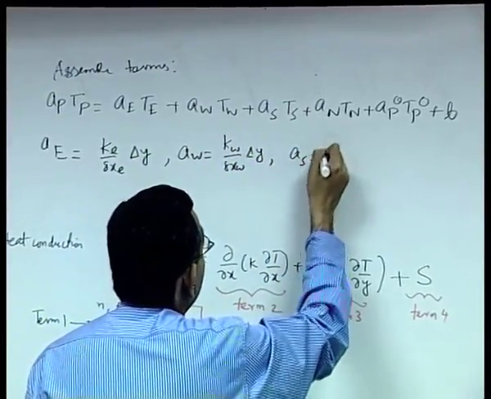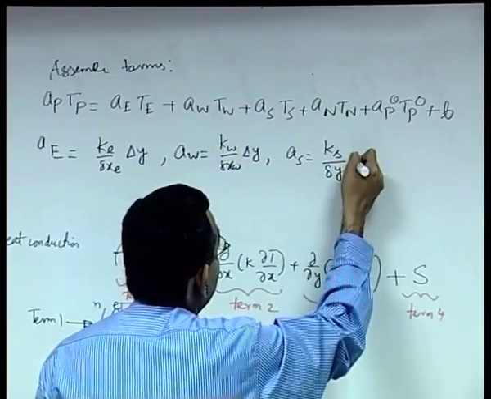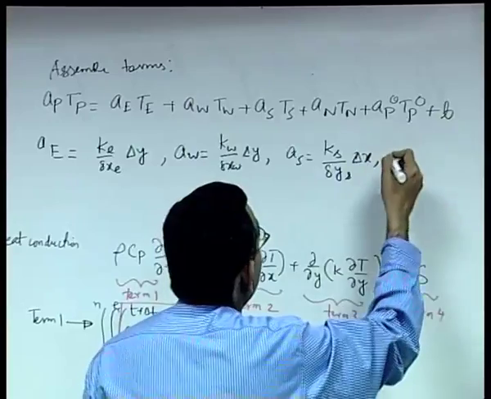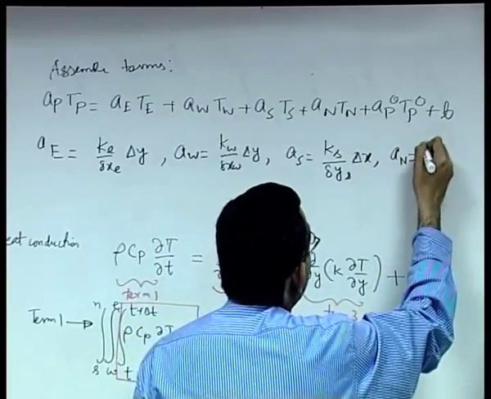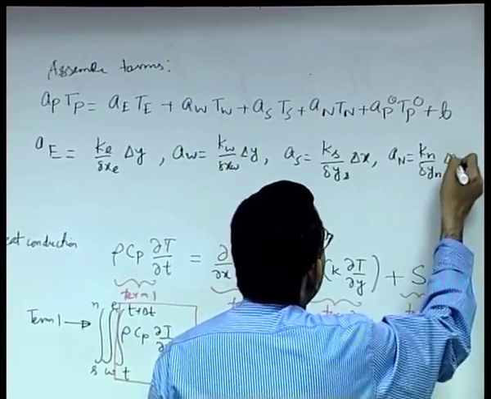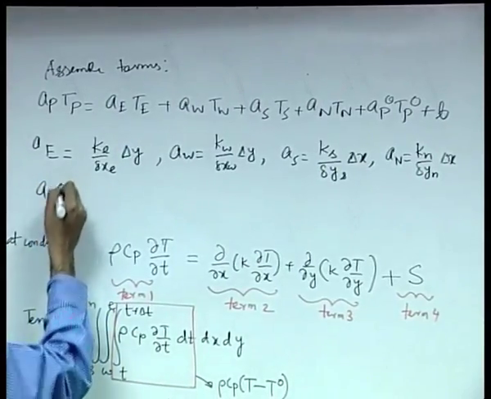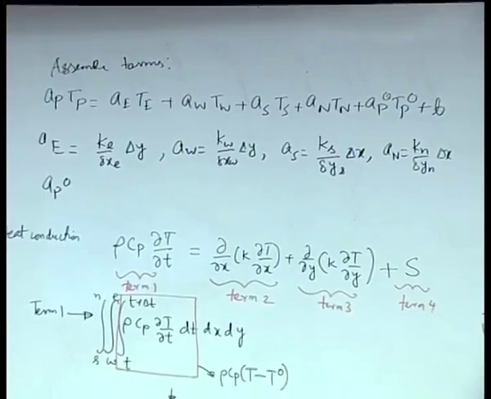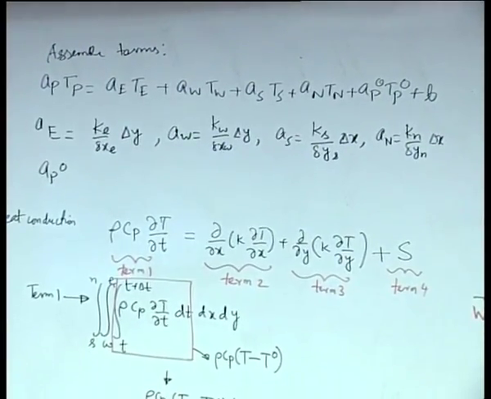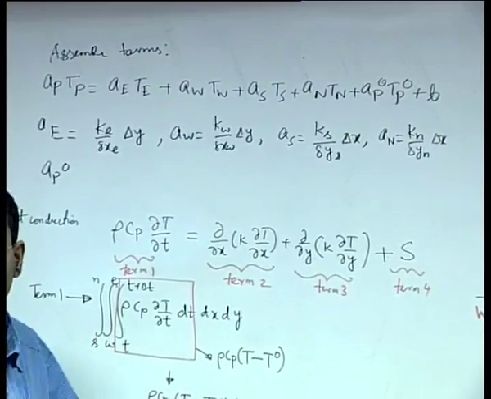AS is Ks by delta y s into delta x, AN is Kn by delta y n into delta x, AP0 is rho cp into delta x into delta y by delta t.